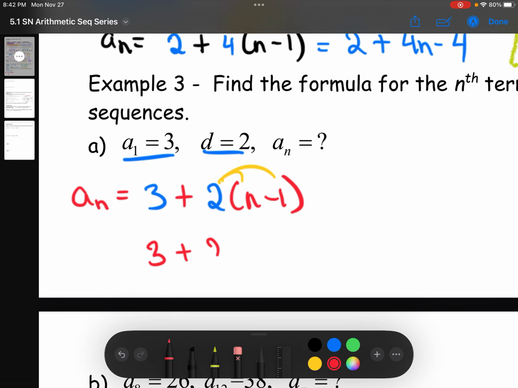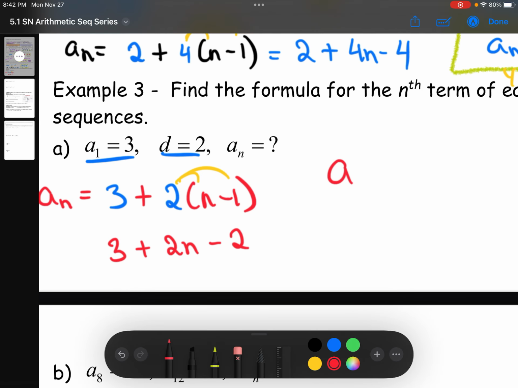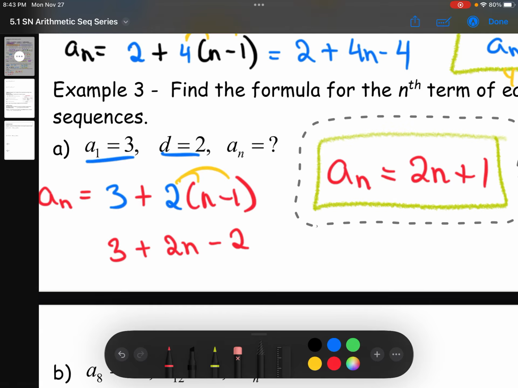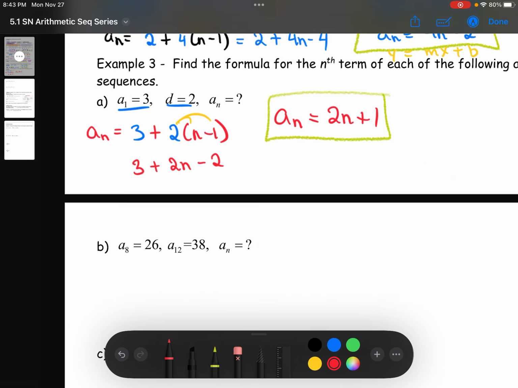So 3 plus 2n minus 2, combine your like terms, and a sub n is 2n plus 1. Now, the idea behind this is that we can plug in any value of n and we can find that term. So instead of having to count 50 terms to get to the 50th term, we can use this formula and plug in the 50 for n and get the 50th term. So there's the advantage to that formula.